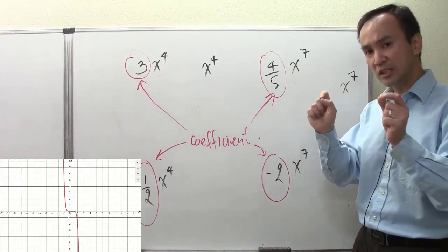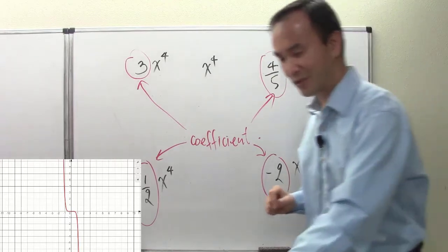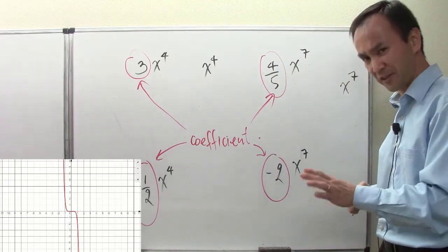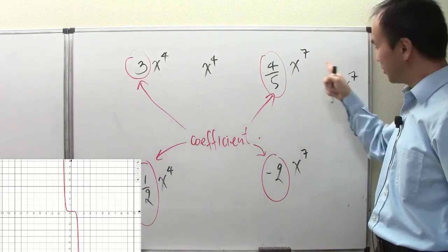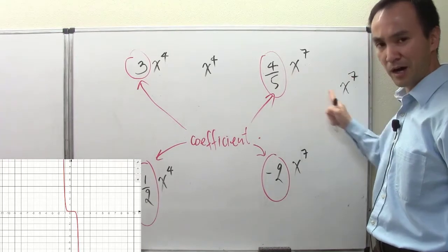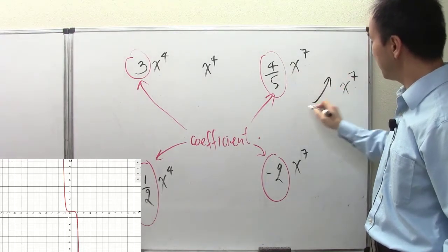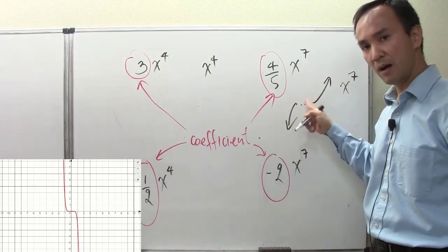The two ends go opposite ways. So let's classify what I meant by two ends go opposite ways. X to the 7th or 4/5 x to the 7th, positive coefficients: the right end goes up, the left end goes down. That's what it means by two ends go opposite ways.